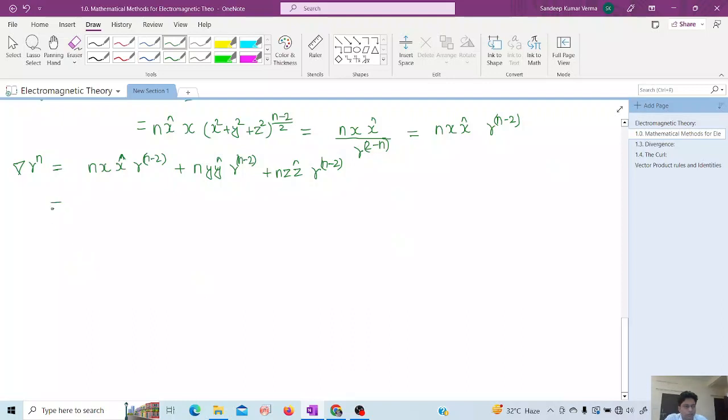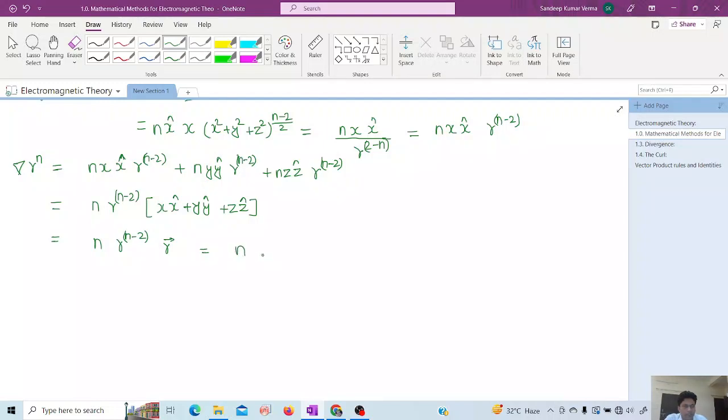So here we can take common n r to the power n minus 2, and x into x cap plus y into y cap plus z into z cap, and this can be written as n r to the power n minus 2 into vector r, and we know that the vector r can be written as r into r cap.